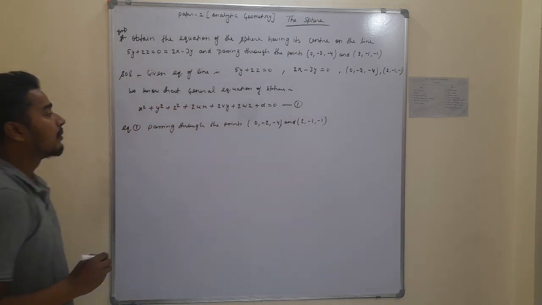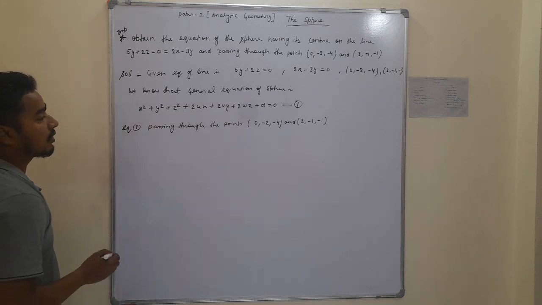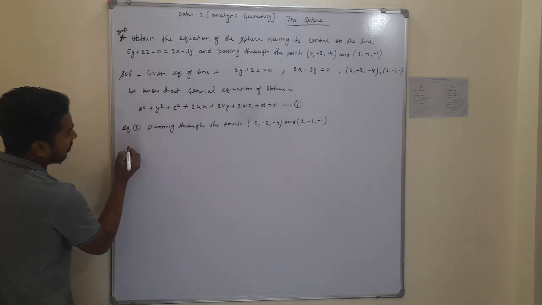First we pass the given sphere of equation 1 through the point (0, -2, -4).